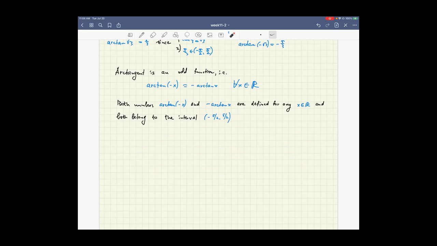So because they're both in this interval, and because the tangent function is injective on this interval, it suffices to verify that tangent of both sides are equal.